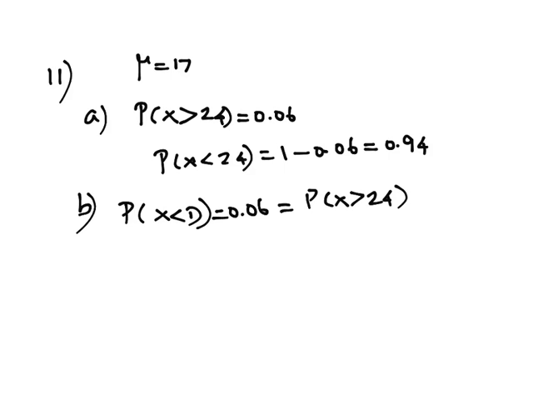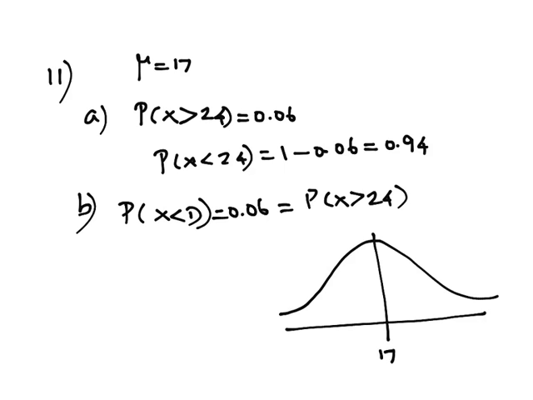So the question is, find the value of d. What we need to do is draw this curve. This is the mean, this is 17. This is 24. This area is 0.06.